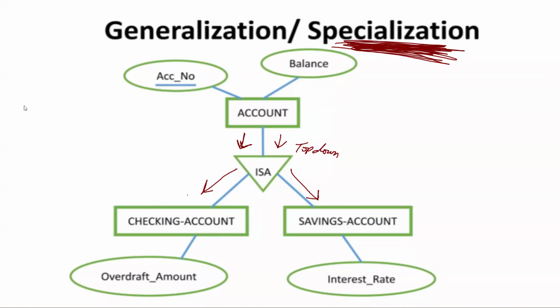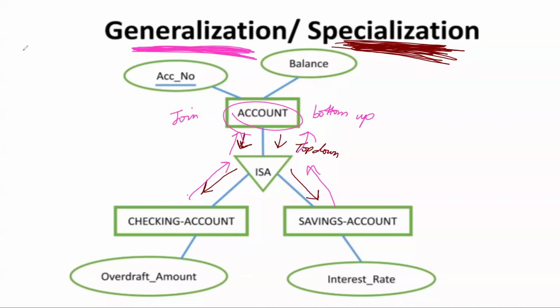But if we are doing the bottom up approach, like checking account is an account, saving account is an account, that means we are joining the lower level entities to a higher level entity. Then it is generalization, that is the bottom up approach.